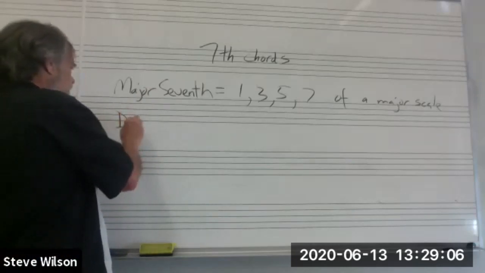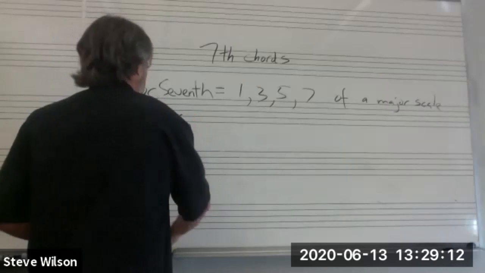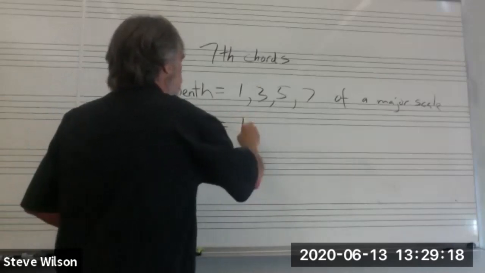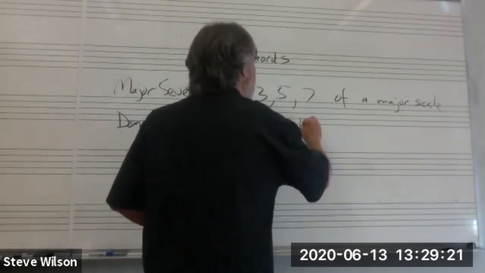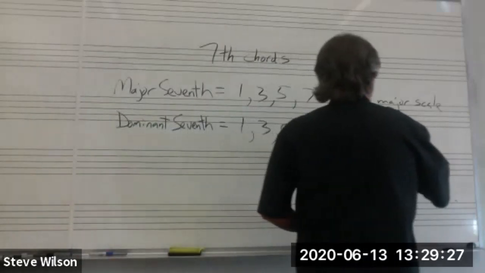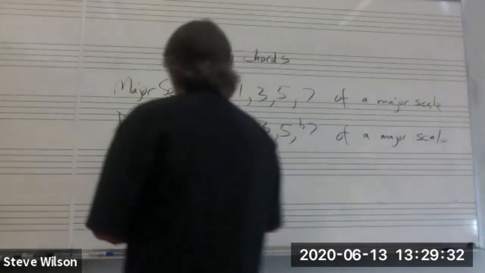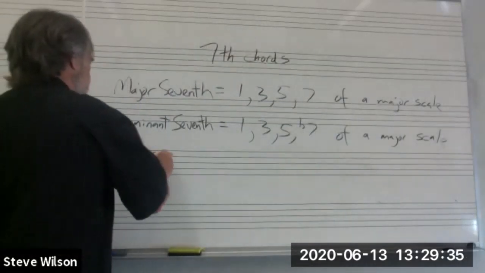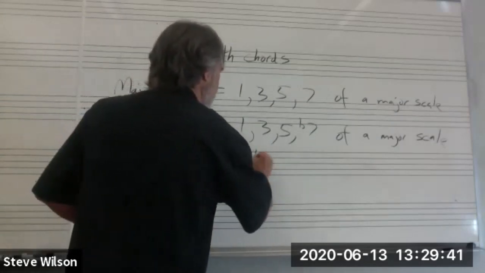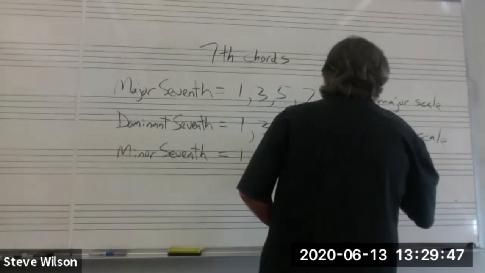A dominant seventh chord is 1, 3, 5, and flat 7, lowered seventh of a major scale. A minor seventh is 1, flat 3, 5, flat 7 of a major scale.